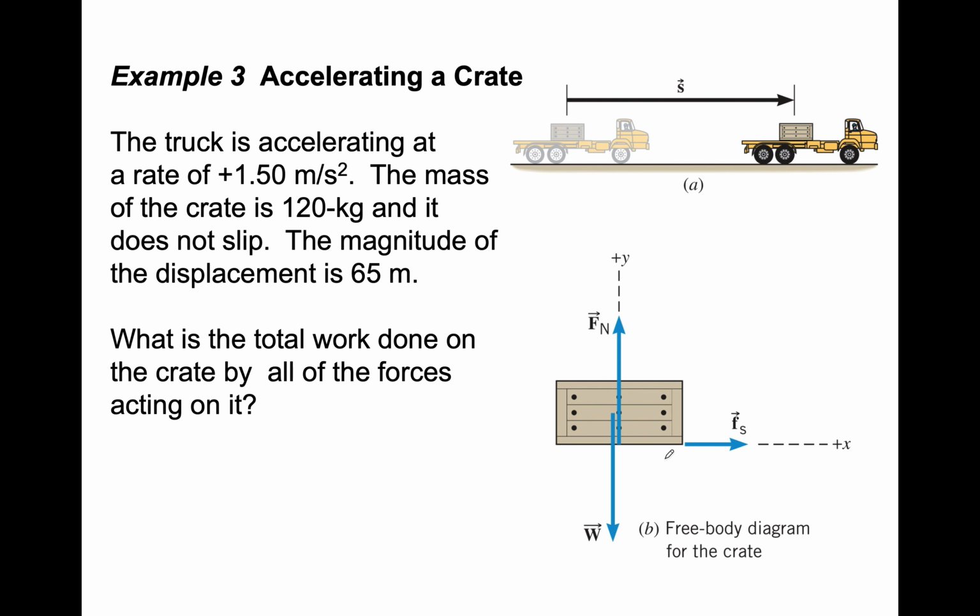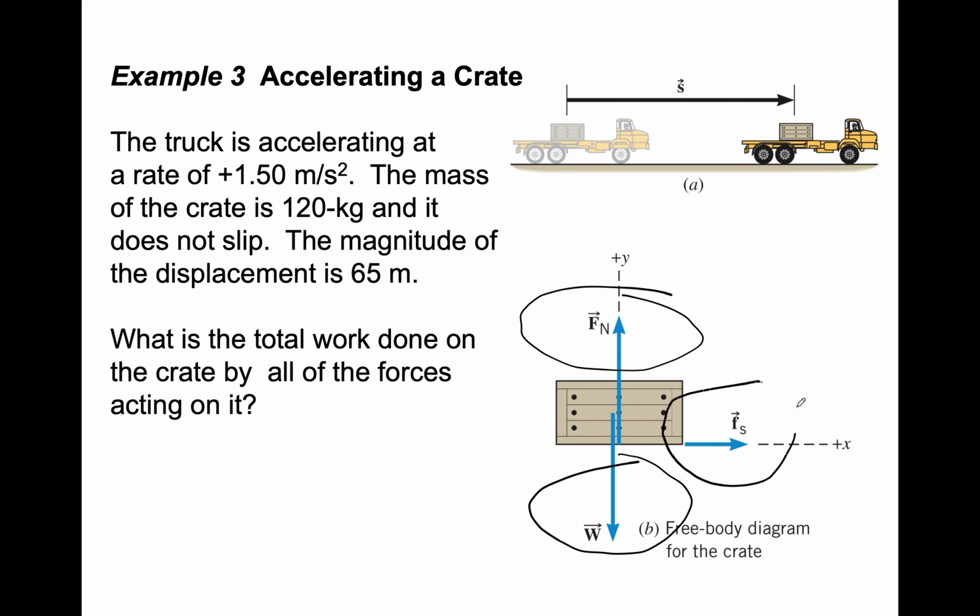We have weight, of course. Then we have normal force. And if we apply Newton's first law, the net force in the y direction is 0. We should have normal force equals weight. And then we have friction. What is friction? If we look at this crate, friction is the only force acting on the crate in the horizontal direction, and the crate has acceleration 1.5 because it moves with the truck.